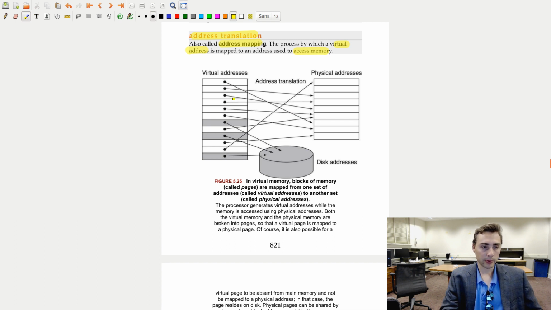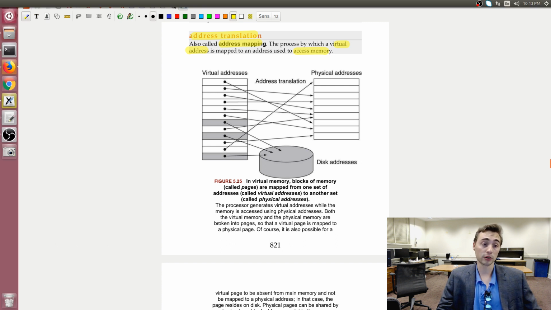So here we have our virtual addresses, and some of our virtual addresses may even access the same physical addresses, because we'll see that our virtual address space is oftentimes, and pretty much always, much larger than our physical address space.